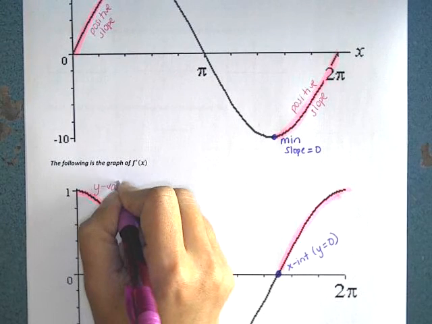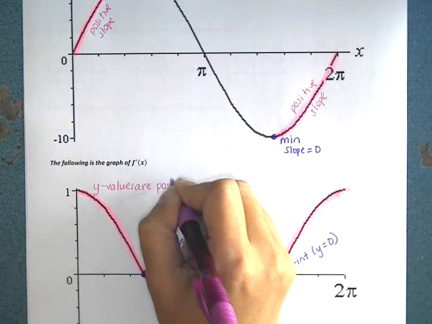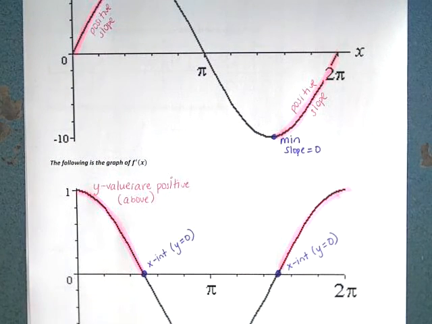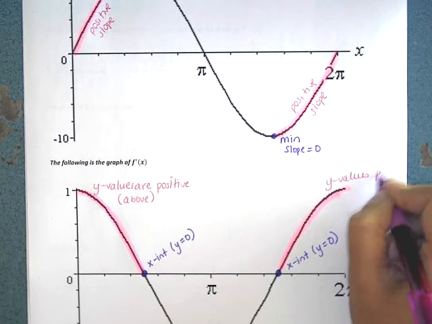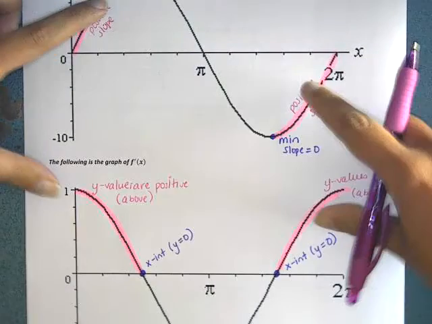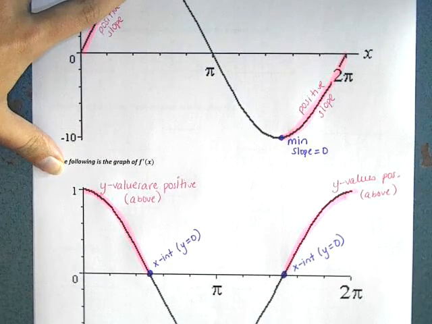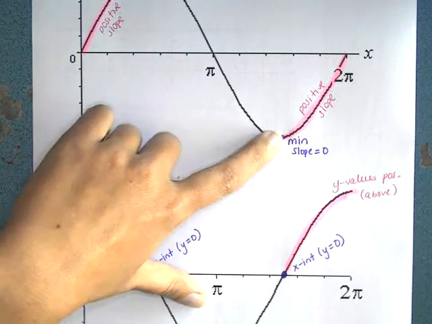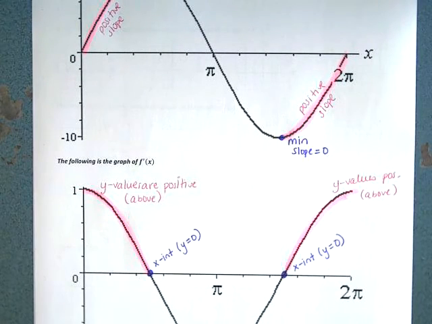The y values here are positive, which means that the graph is above the x-axis. These 2 sections of the graph correspond to each other. Positive slopes on the original lead to y values that are above on the derivative.